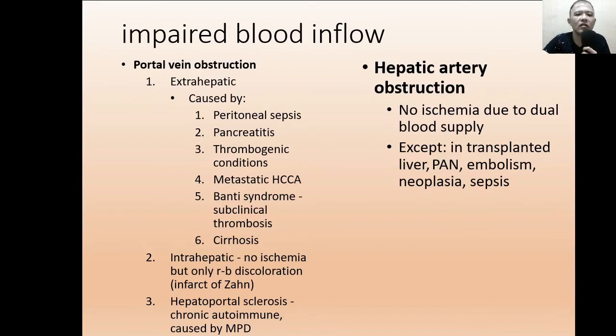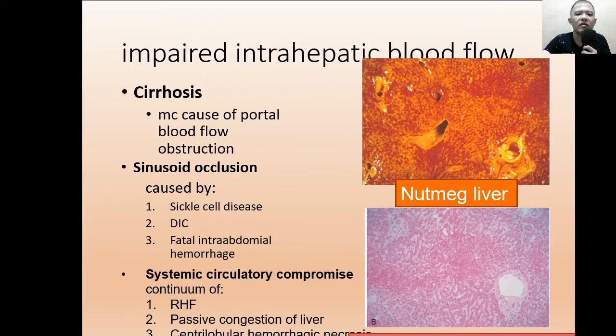So in the inflow, when the portal vein is obstructed, this really affects much more, because it is the major blood supply in the liver. For the hepatic artery, there's not much effect. Here, cirrhosis is the most common cause of portal blood flow obstruction.